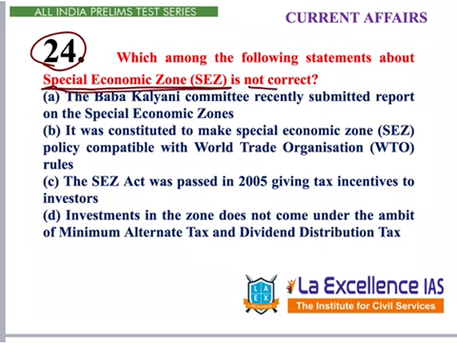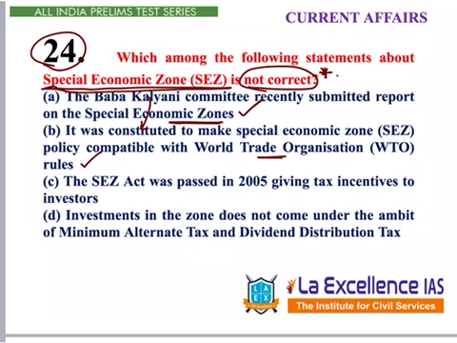Here the question is asking for the option that is not correct, so underline or circle this. Let's read the options. A: The Baba Kalyani committee recently submitted a report on Special Economic Zones. This is correct. B: It was constituted to make Special Economic Zone policy compatible with the World Trade Organization.